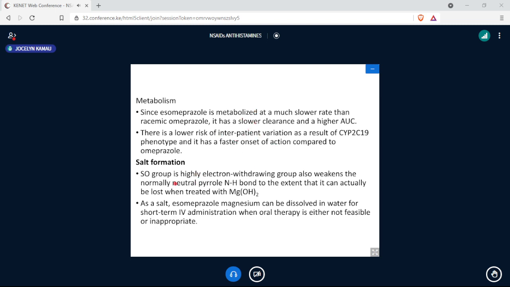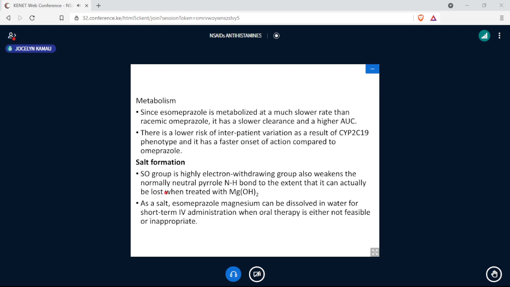Salt formation: the sulfoxide group is a highly electron-withdrawing group, which also weakens the normally neutral pyrrole NH bond to the extent that it can actually be lost when treated with magnesium hydroxide. As a salt, esomeprazole magnesium can be dissolved in water for short-term IV administration when oral therapy is either not feasible or inappropriate. All we are saying is that the sulfoxide group is highly electron withdrawing.